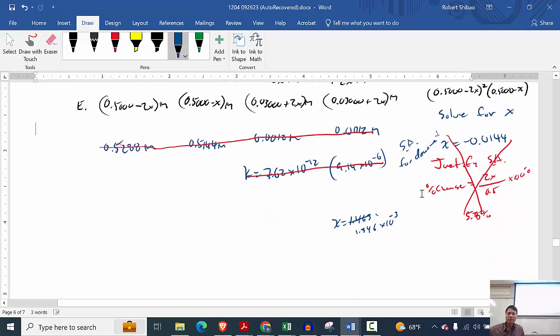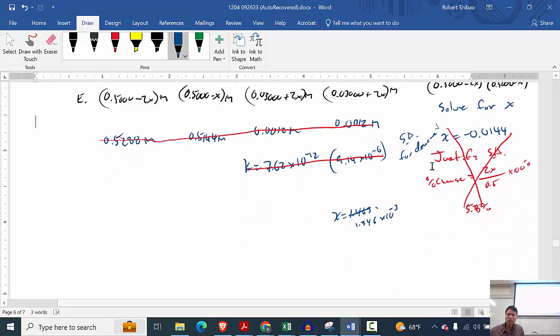All right, so we do the same thing. We double check. You did it for the denominator? Yeah. Okay, so we'll check the percent change. So here, which is going to be 2x. So that's going to be 2 times, actually let me write that in decimal form, 2 times 0.001346 divided by 0.5000 times 100%.